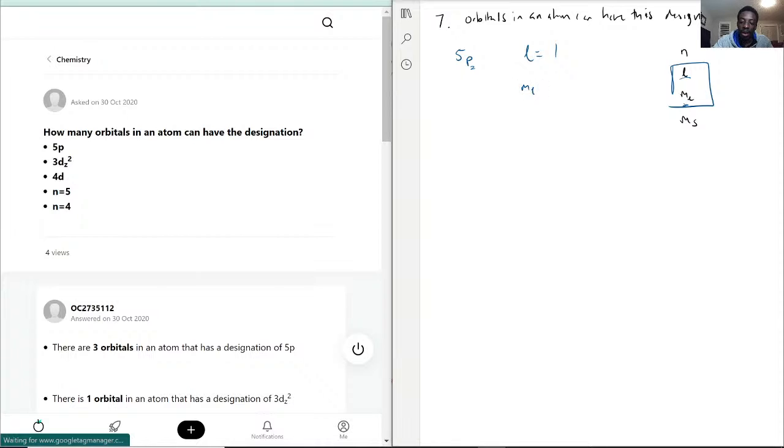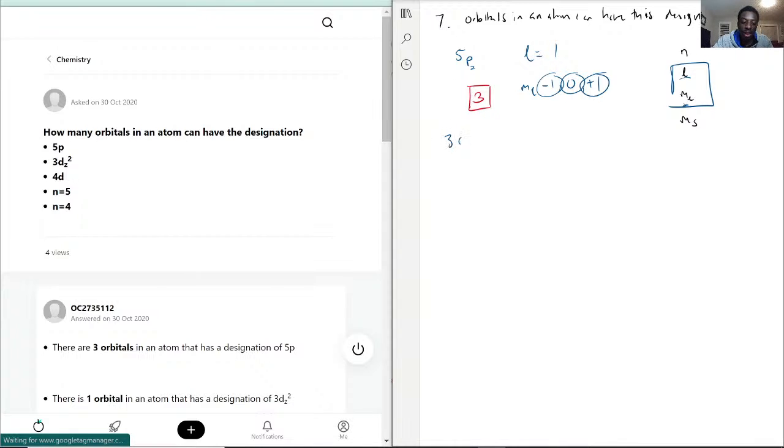So we have ML of -1, 0, and 1, which connotes 3 orbitals. So this question would only have 3 for 5p.